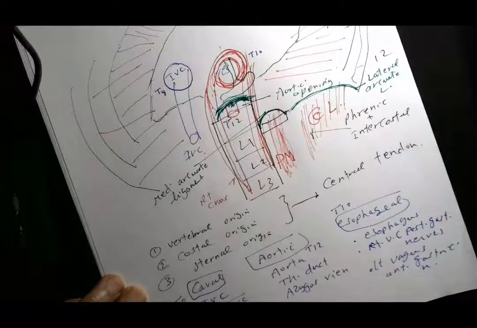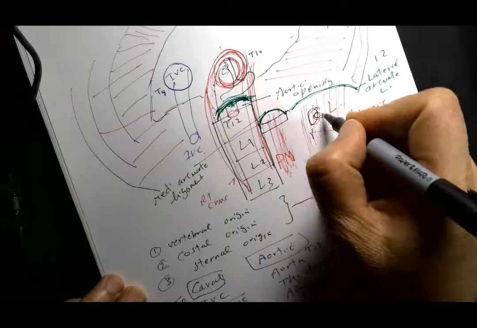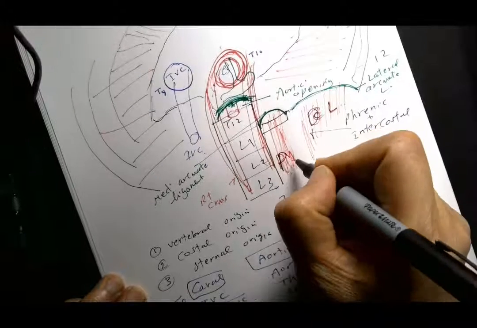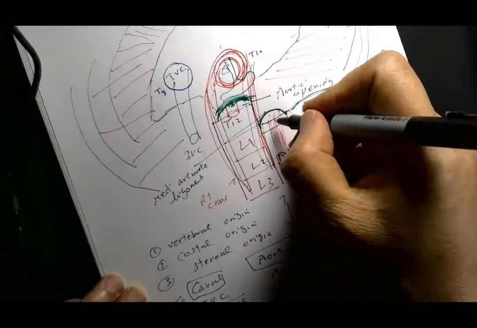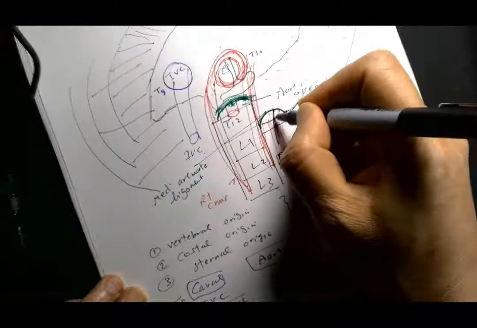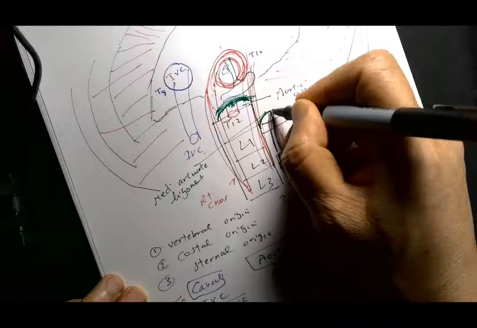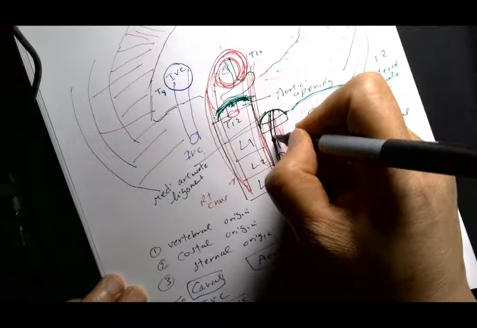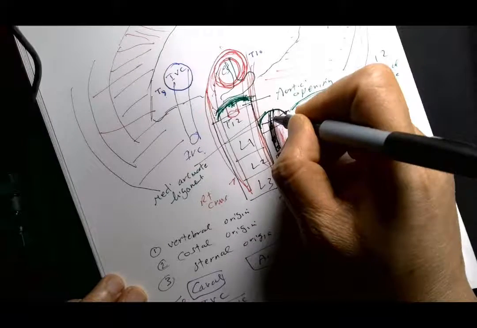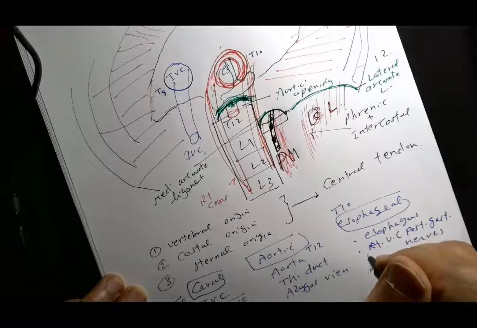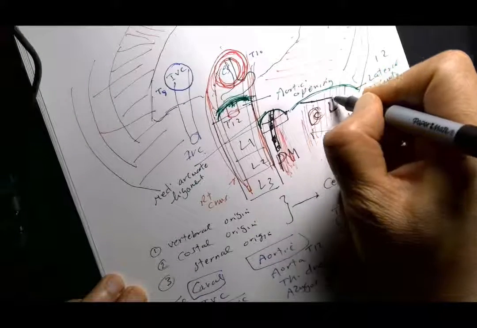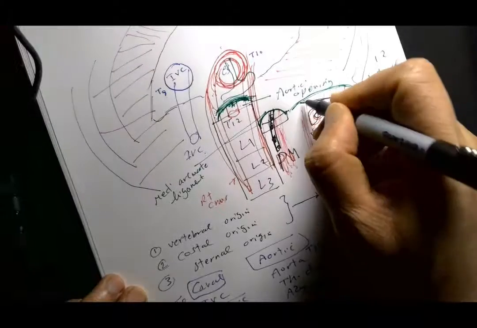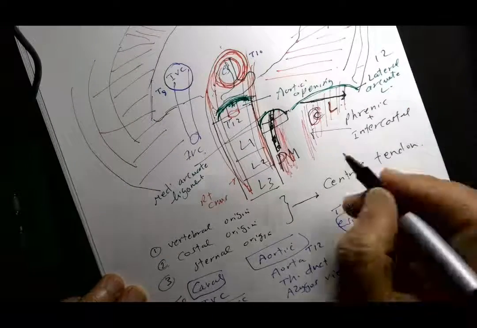But in addition to that, you have the sympathetic trunk descending behind the medial one, and the subcostal nerve descending behind this one. So there is a muscle and a nerve, muscle and a nerve.